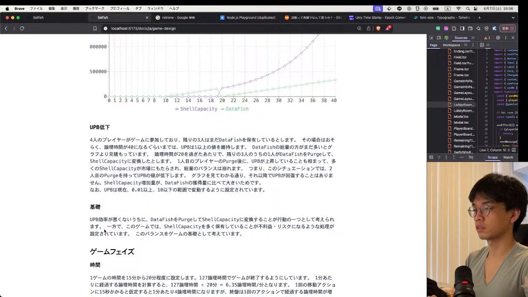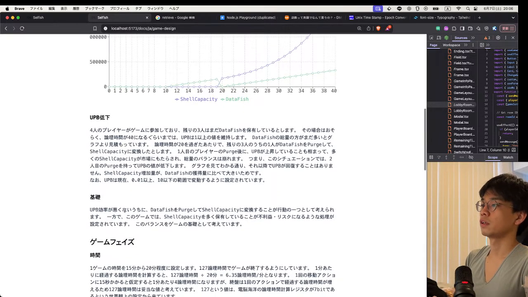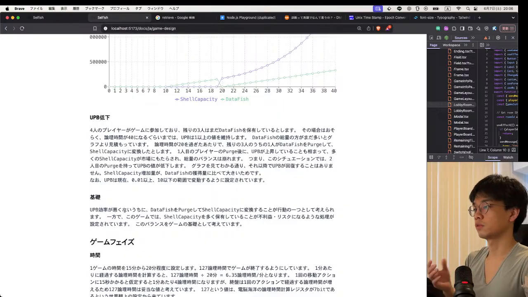This is important. On the other hand, in this game, the players who have a large amount of shell capacity are likely to take disadvantage and many risks.